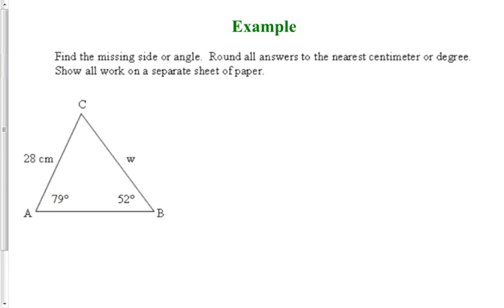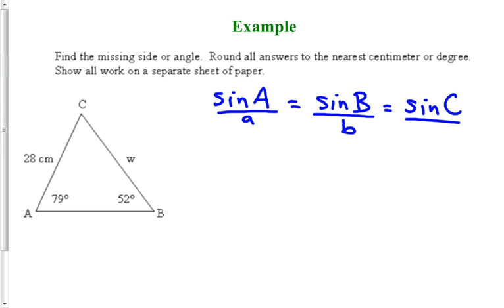Now, we also know angle A's measure, we know angle B's measure, and we know side B's measure. So if we write out our law of sines, which you don't really have to write out to solve a problem, but so that we see how it's plugged in here: sine of angle A over side A equals the sine of angle B over side B equals the sine of angle C over side C. Well, we know angle A is 79 degrees.